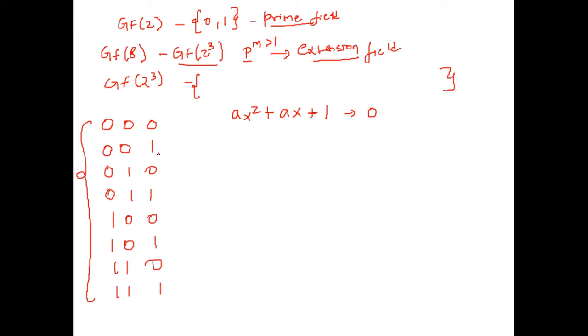When we say 0 0 1, this is 0, this is 0, so we have only one element, the next element will be 1. When we say 0 1 0, this term ax^2 is 0, ax remains. Since it is 1 or 0, we can say a is 1, so we'll have x plus this term is 0.